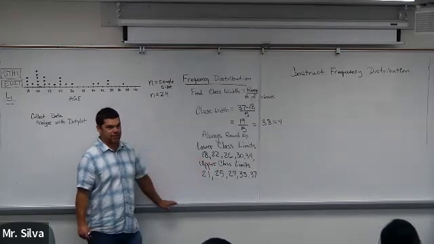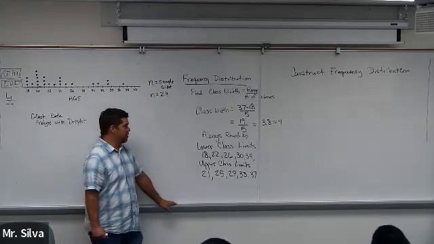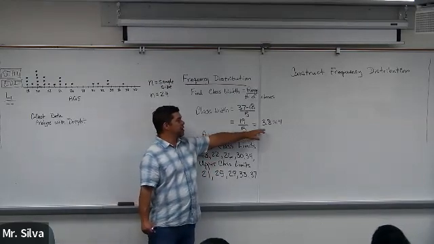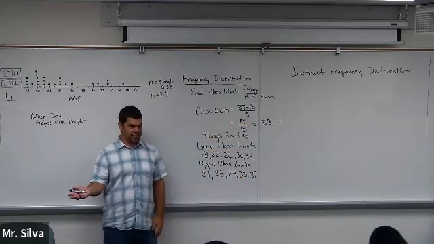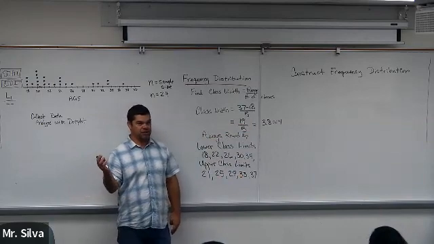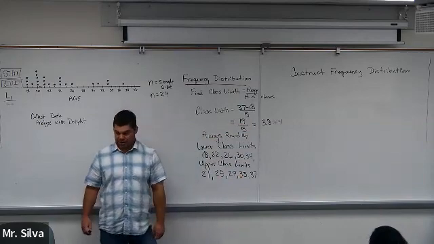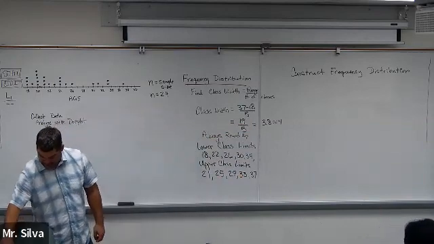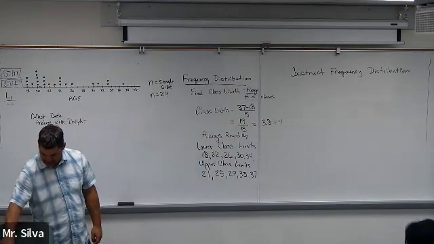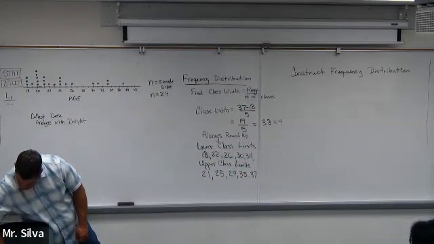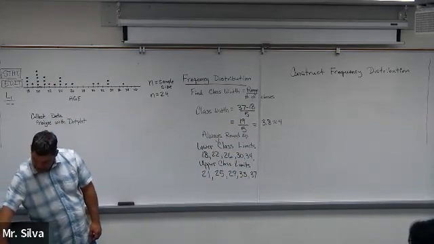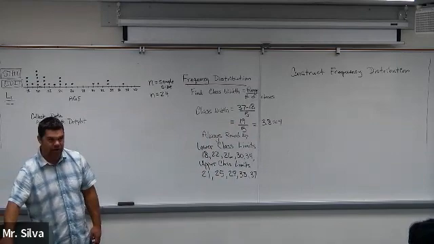Is it always 4? No, we just calculated this number to be 4. This number is not always going to be 5 either. So in example 1, they use GPS navigators. The most expensive GPS navigator is your max value, which is $340. And your min value, you had a GPS navigator for $65.